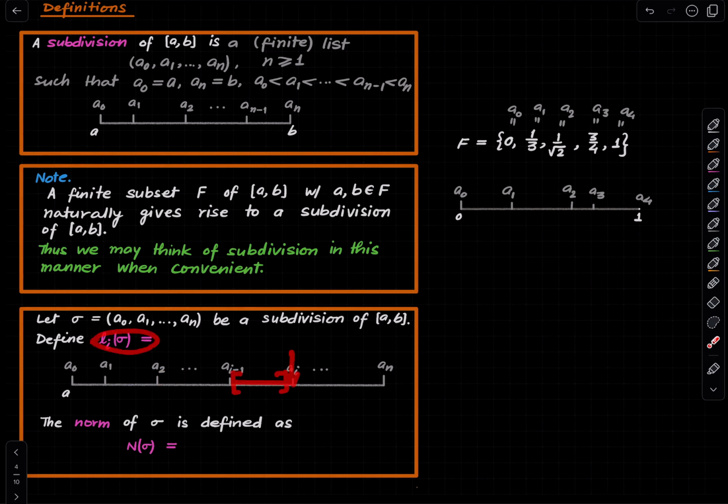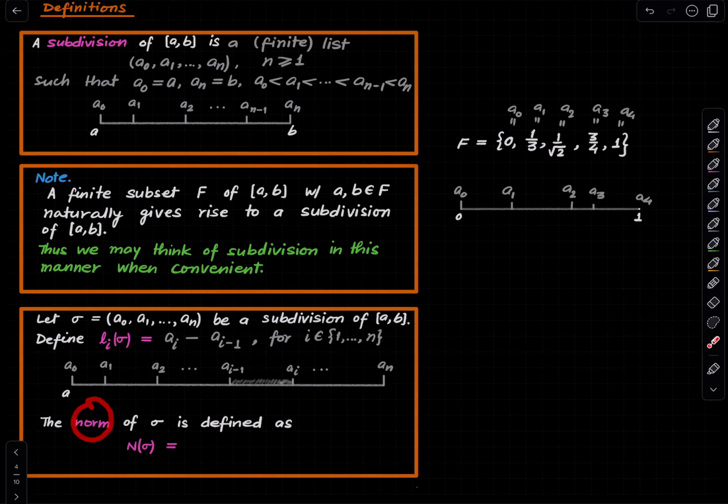So what is this? This is equal to, we are defining it as Ai minus Ai-1. So it's this length, the thing that I'm shading. Okay, so this we define for all i from 1 up to n.